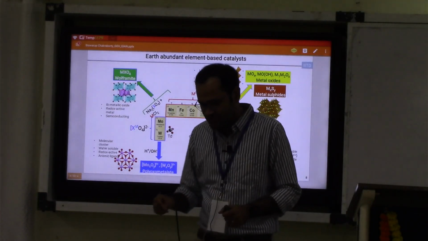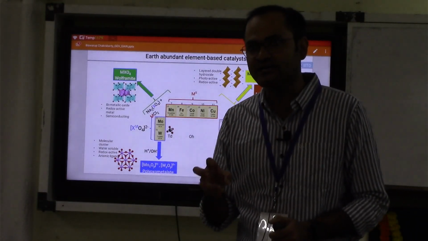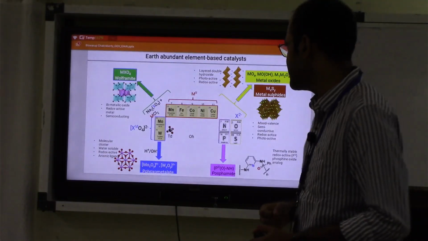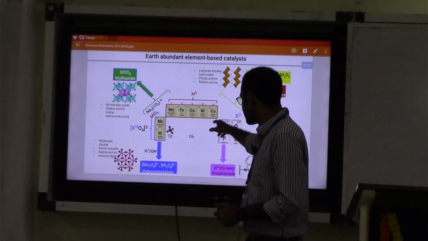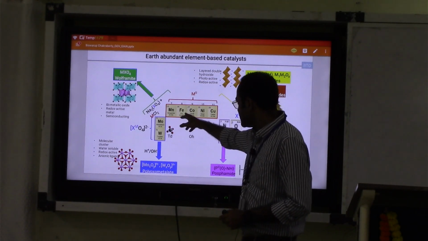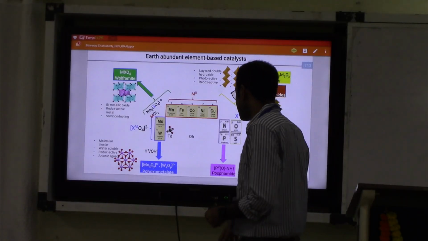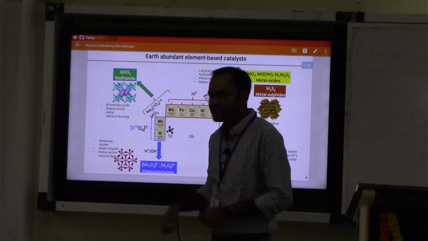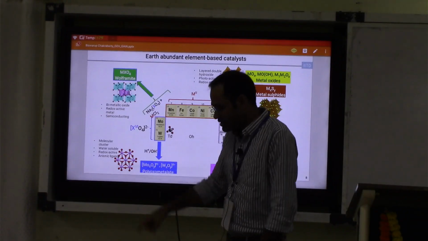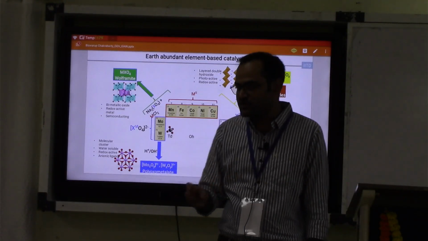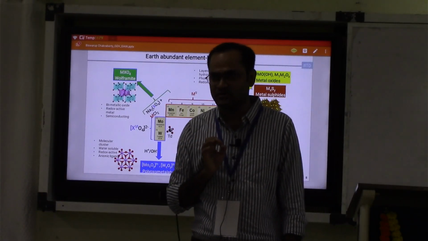Now what are we looking for? As I said, we are looking for earth-abundant element-based catalysts, and so far we have taken this part of the periodic table, where these are the 3D elements we have chosen as the precursor, and these are the 4D and 5D elements we have chosen. By doing simple permutation and combination we can build this wolframite-type bimetallic metal oxide.